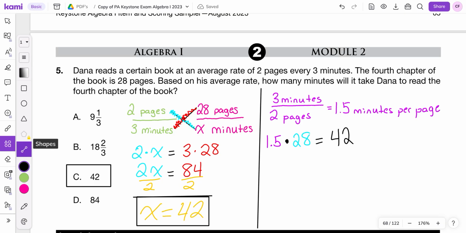Either way we solve it, as long as we get the correct answer of 42, in context of the problem, this is the number of minutes it will take Dana to read the 4th chapter of the book, which contains 28 pages.